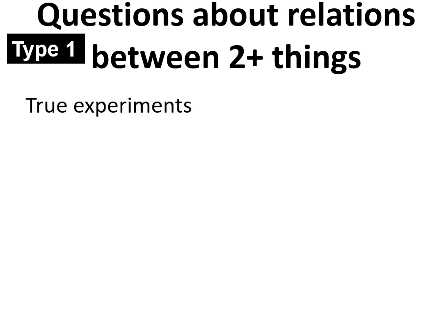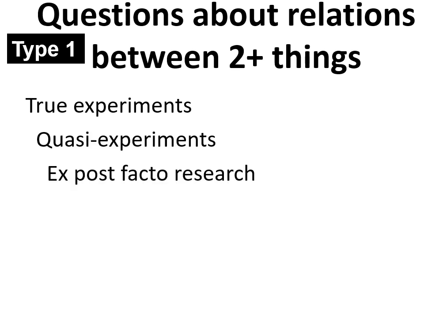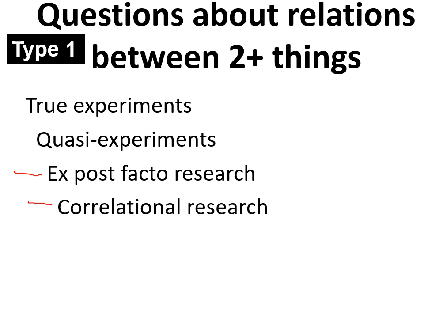There are true experiments, quasi-experiments, ex post facto research, and correlational research. And of these, ex post facto and correlational research are the most common of these 4 in geography and tourism studies.